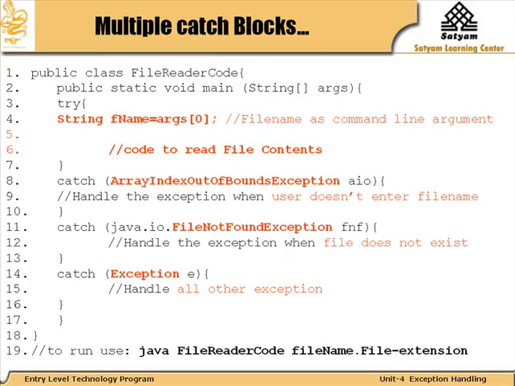So make sure that you always have the more specific handler blocks before the more generic handler blocks, as seen in this example. To run this program, use the command java class name followed by the command line argument, which is the file name with the file extension.